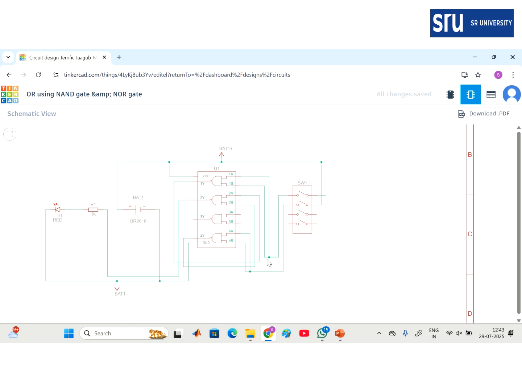Here you can see the short circuit connection. So this is a short circuit. Here also there is a short circuit to get the B bar. Then the A bar and B bar connection is given to the output resistor, then the LED. The second terminal is connected to the ground terminal. So this is our battery which produces the supply.